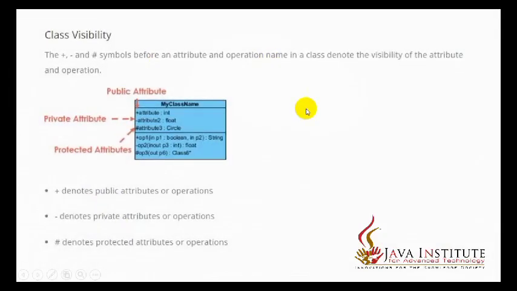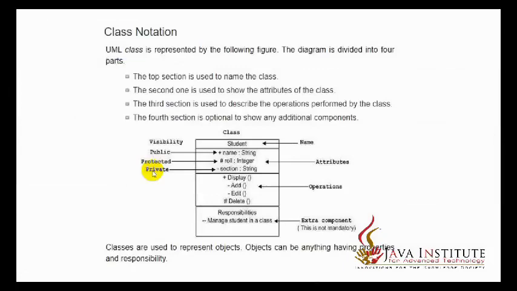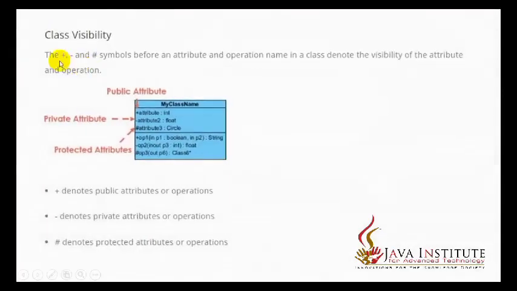Now, in the previous slide you saw some symbols like the plus mark, hash, minus. We will see what they are. The plus, minus and hash symbols before an attribute and operation name in a class denote the visibility of the attributes and the operations.